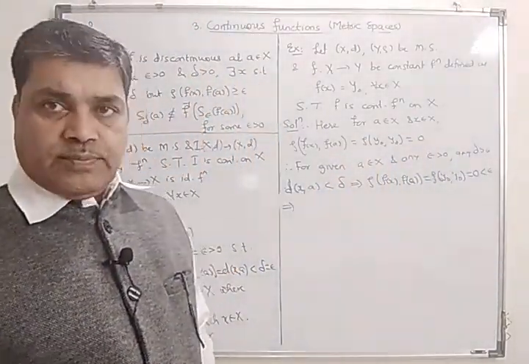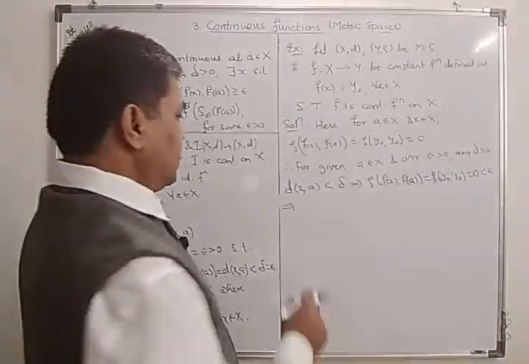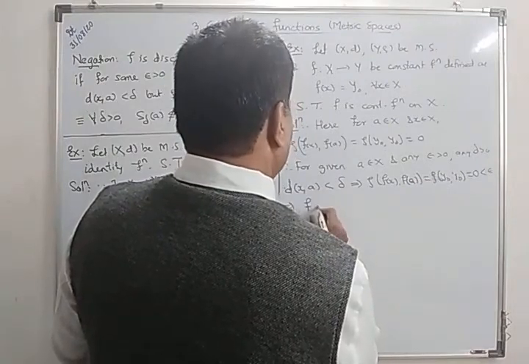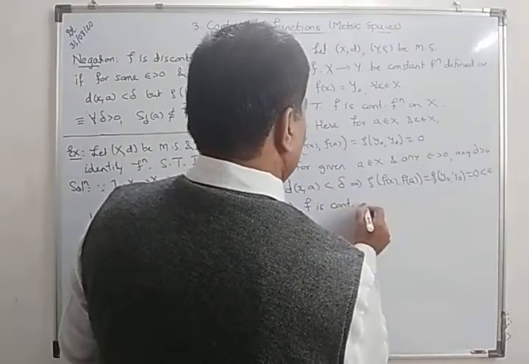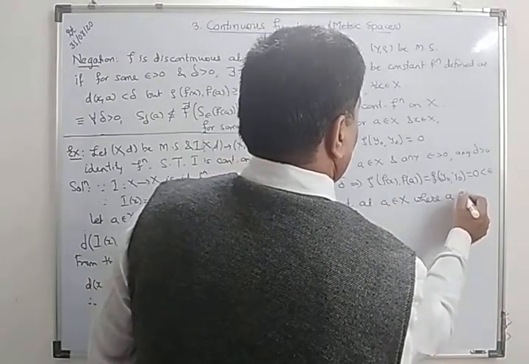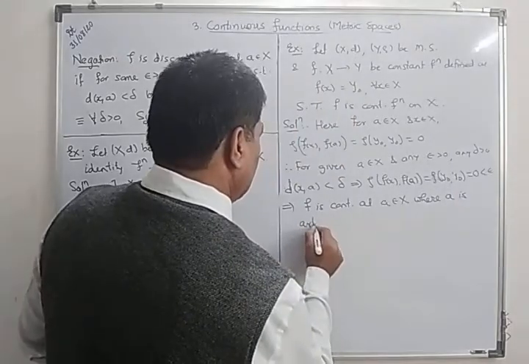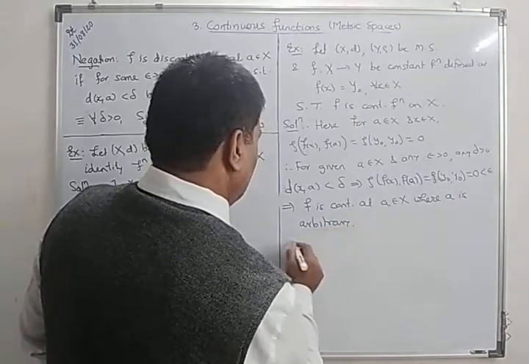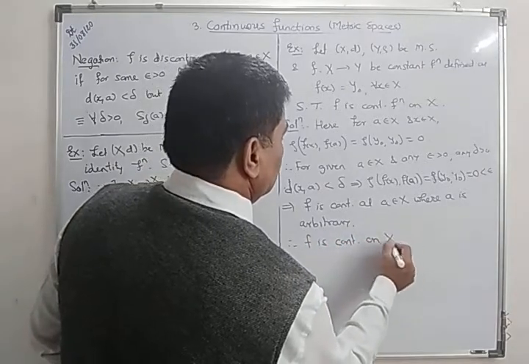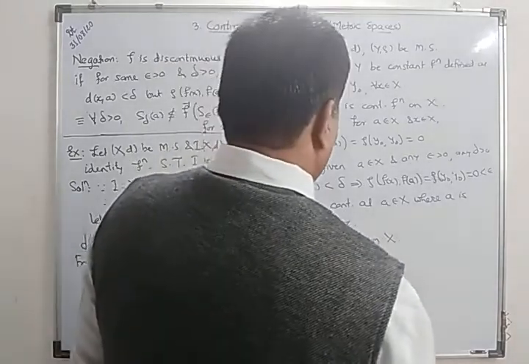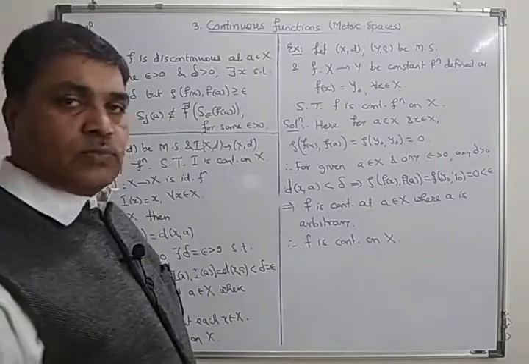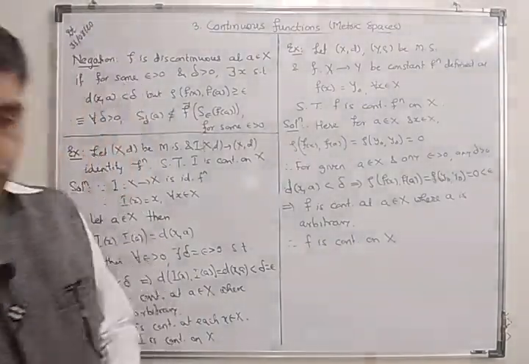Any delta works here. This implies f is continuous at a belongs to X, where a is arbitrary. And therefore f is continuous on X, or f from X to Y is continuous at every point.